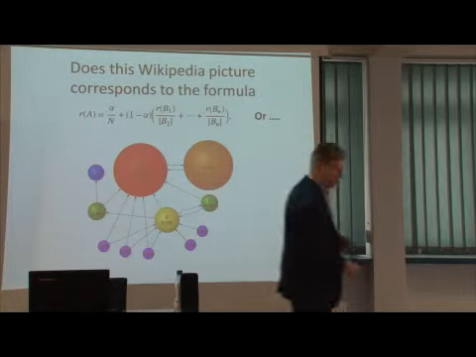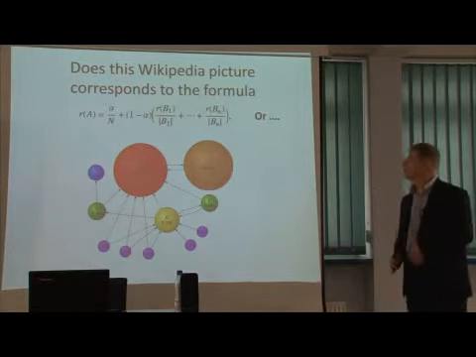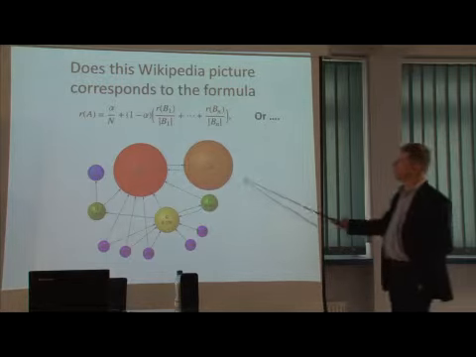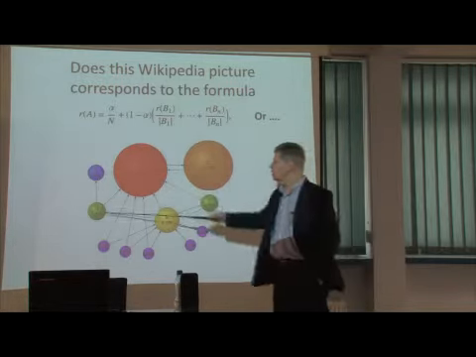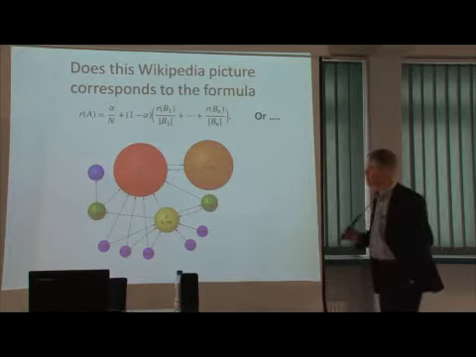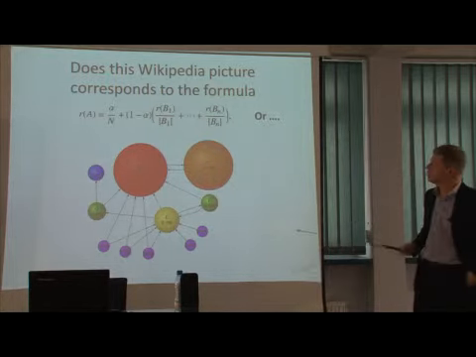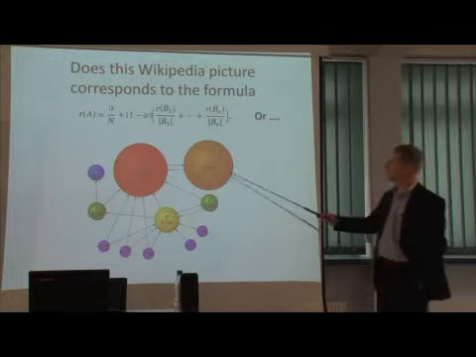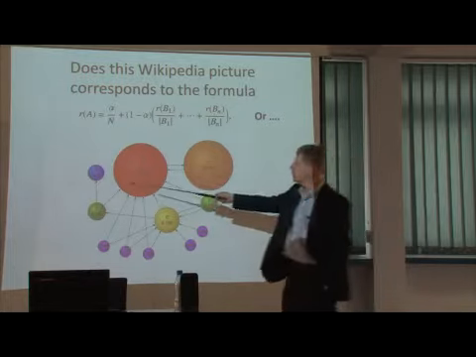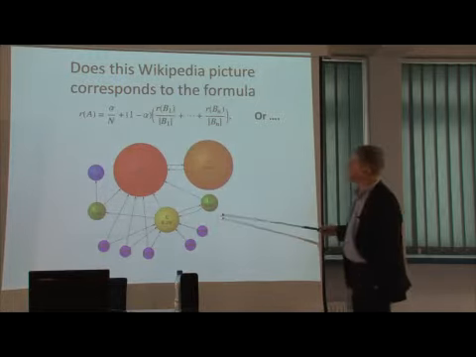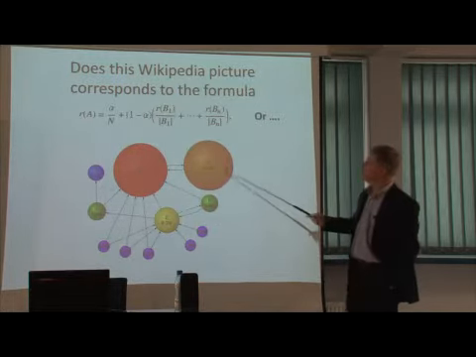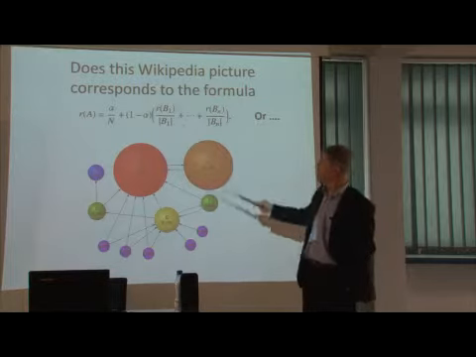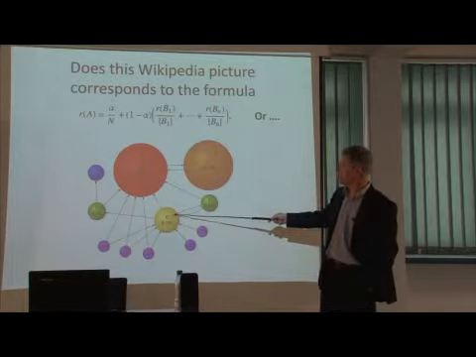All right, so here we have an example from Wikipedia. We have a collection of web pages where the size of the bubble corresponds to the rank. The ranks are given as a percentage. So the question is whether this formula applies to this picture.